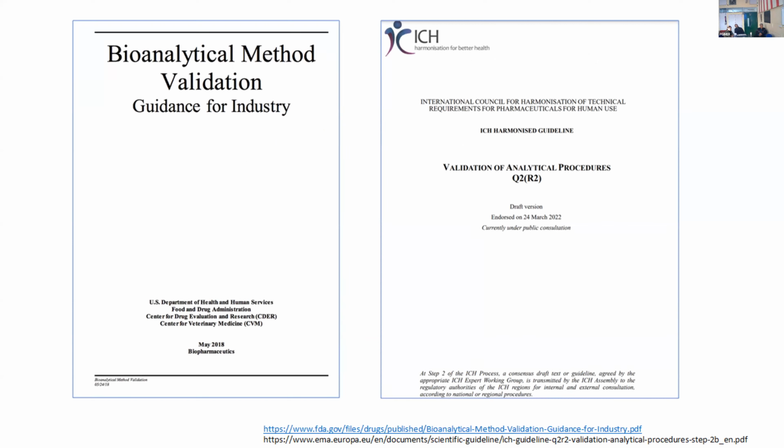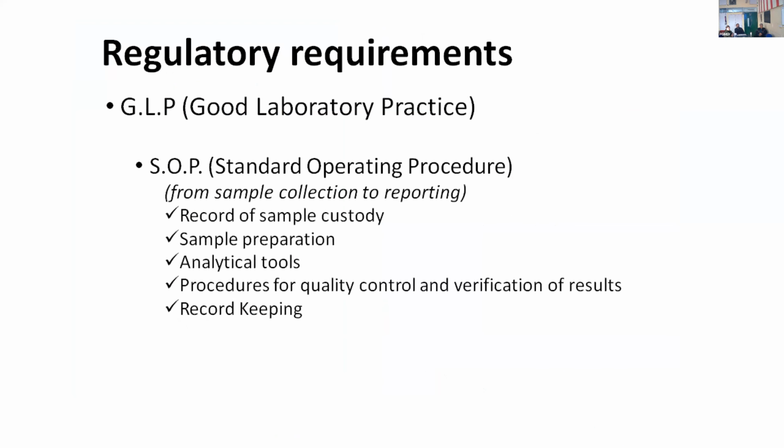There are guidelines for bioanalytical method validation by the FDA and ICH, and my further slides will be from these guidelines only. They have illustrated the various steps to be followed while validating a bioanalytical method. These are some regulatory requirements: before any bioanalytical method is standardized or validated, one should follow good laboratory practice in their lab.